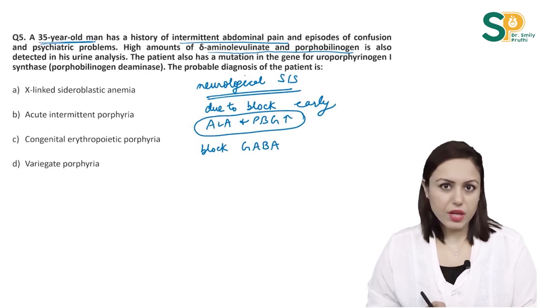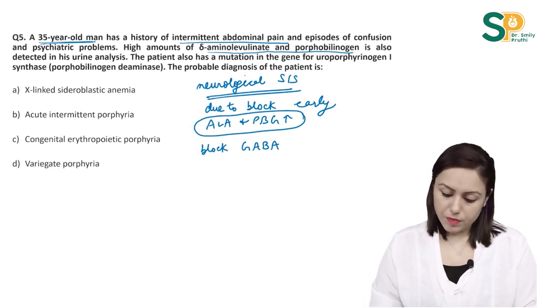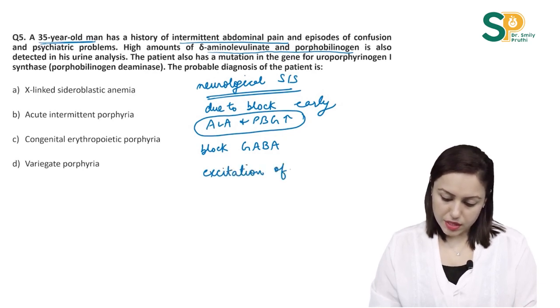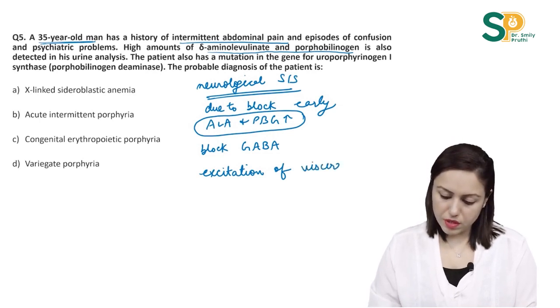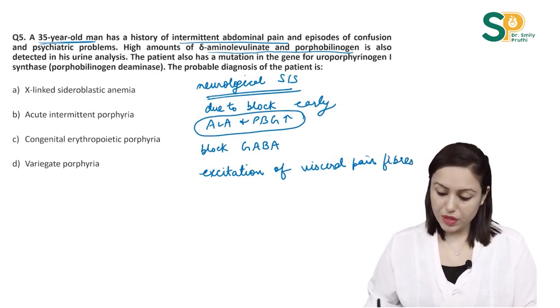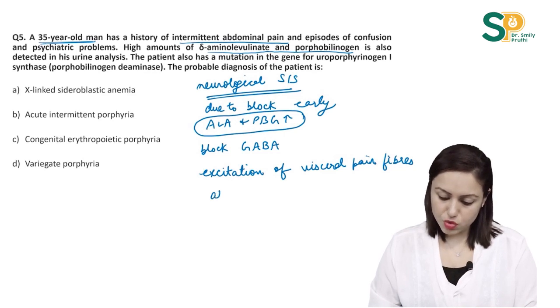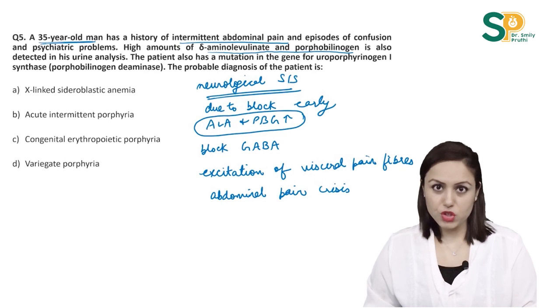GABA is an inhibitory neurotransmitter. So when GABA action is blocked, there will be excitation in brain cells, especially excitation of visceral pain fibers, right? Now when excitation of visceral pain fibers occurs, this leads to an acute abdominal pain crisis. There is severe abdominal pain in these patients.